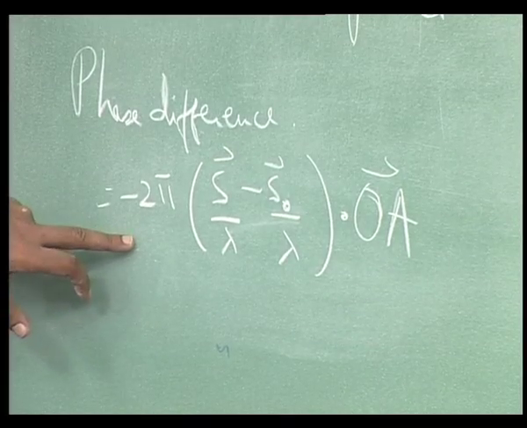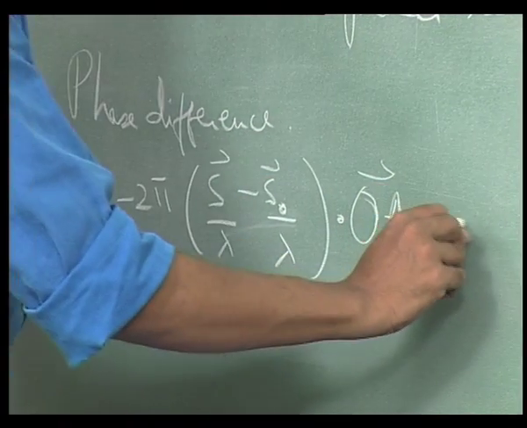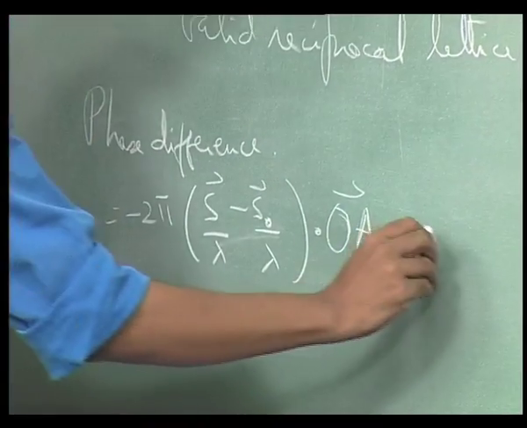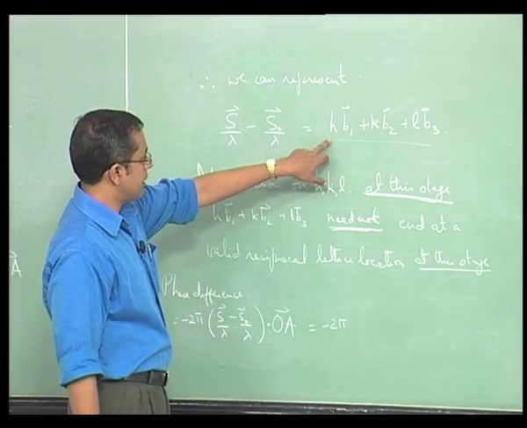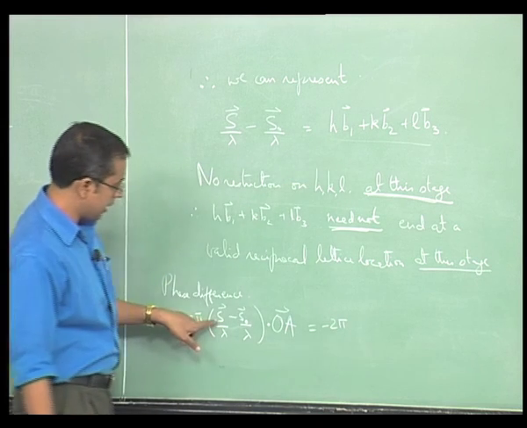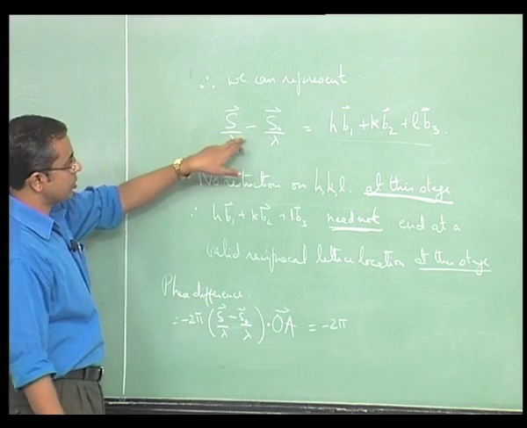So this is what our phase difference is. Therefore this is equal to minus 2 pi, S by lambda minus S0 by lambda is what this quantity is.